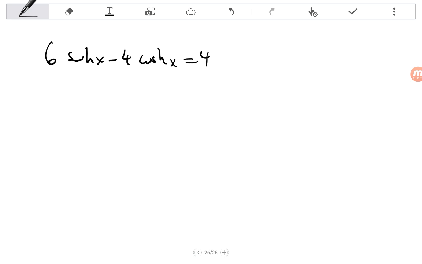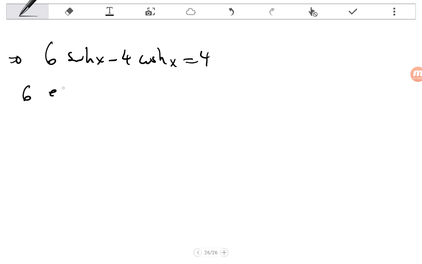In this case, you just use the definition and put it in terms of e, just as I did in the first problem. But in the first problem we managed to solve it in another way, while this one we can solve only this way.